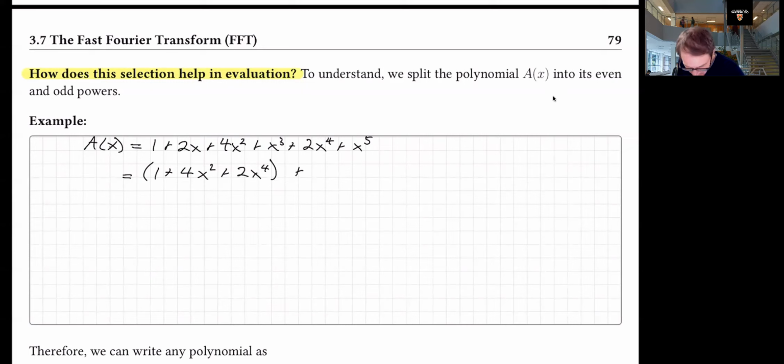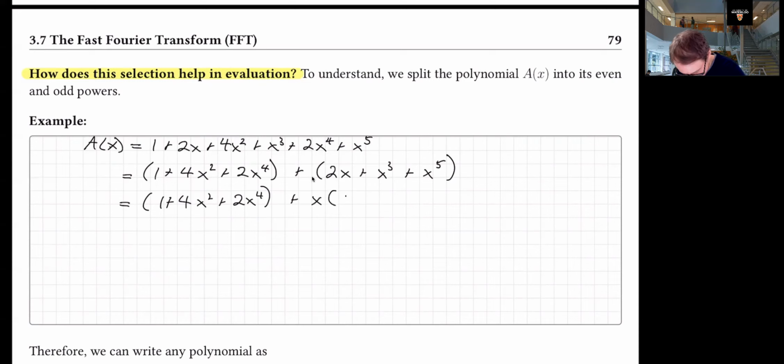And then its odd powers are 2x plus x cubed plus x to the power of 5. And then I noticed that the second one, there's an extra x in all of them. So I can factor out 1x. And I can write this as 1 plus 4x squared plus 2x to the power of 4 plus, factoring out the x, x times 2 plus x squared plus x to the power of 4.